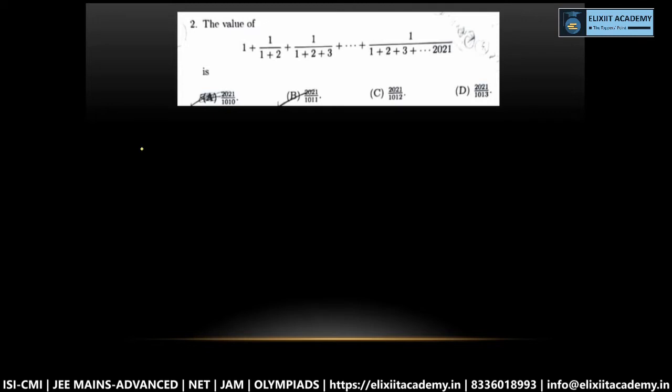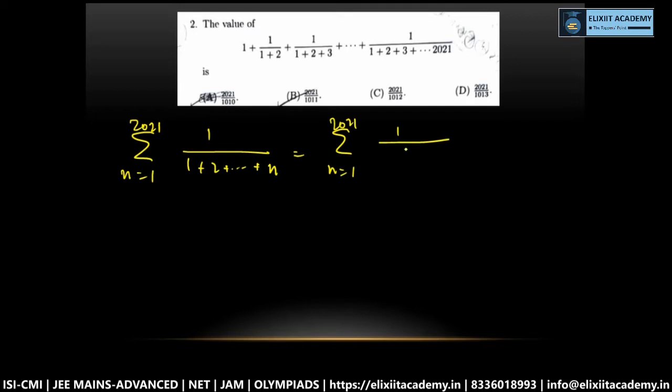So basically here we have, let's first represent this in terms of summation. This is summation n equals 1 to 2021, right? This is 1 upon 1 plus 2 plus 3 and so on up to plus n. So this is basically summation n equals 1 to 2021. If you see the denominator, this is 1 upon n into n plus 1 divided by 2.